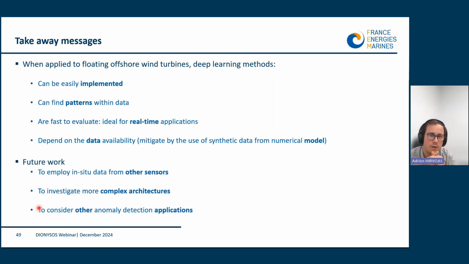We still have future work, as we have limited access to sensors on the physical asset. So we want to explore the use of new sensors, and we also want to use these new sensors to detect new anomalies, because we only had access to the acceleration on the tower, but we hope that the new collaboration with FOWT will allow us to find new patterns in the data from the different sensors that we are currently investigating.